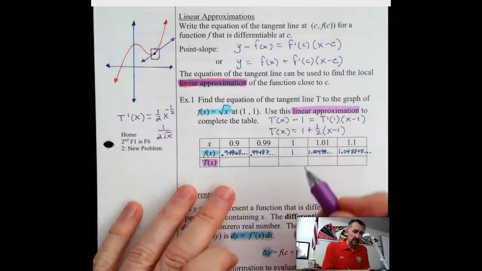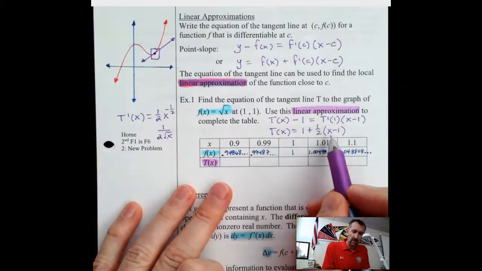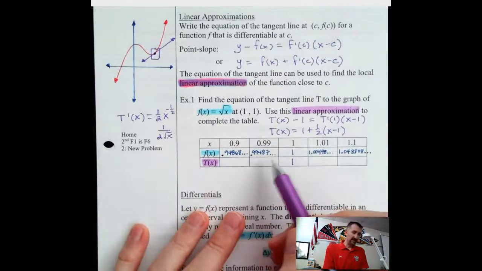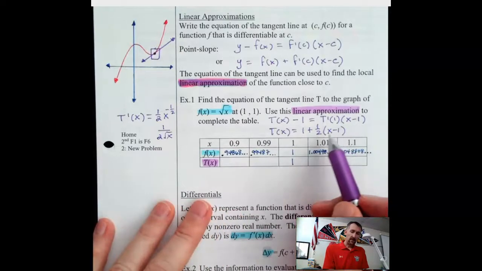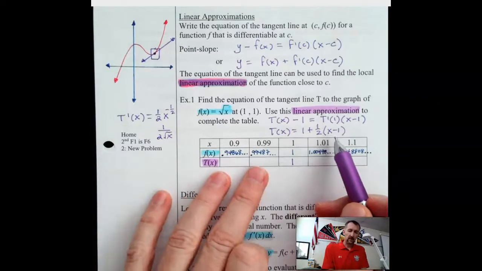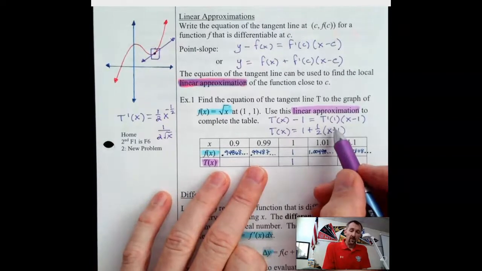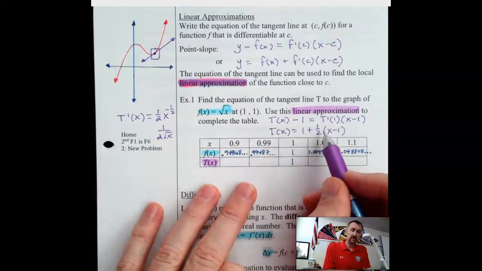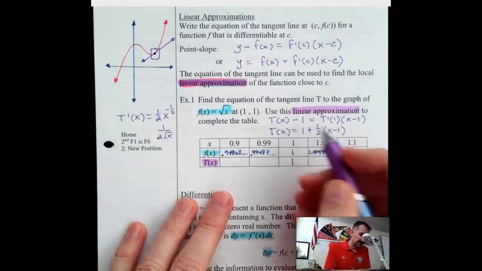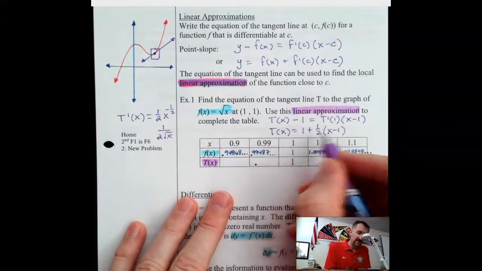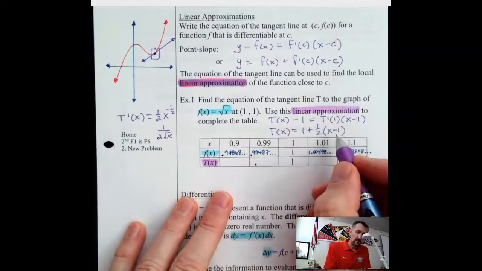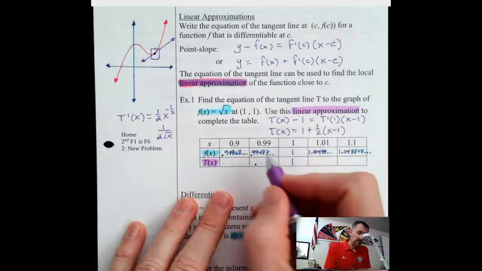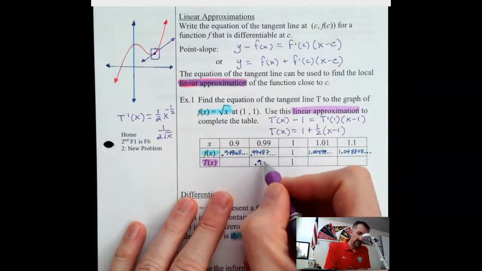Now, if we do the tangent line right here, if we plug in 1, that would be 1. Now, if we plug in 0.99, that would be negative 0.01, which is 1 over 100. So that would be negative 1 over 100, so this would be negative 1 over 200. So that would be 1 minus 1 over 200, which would be 0.995.